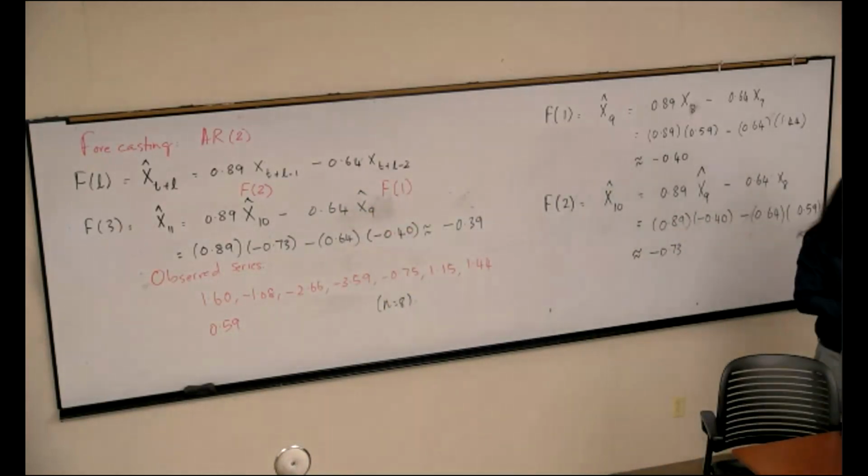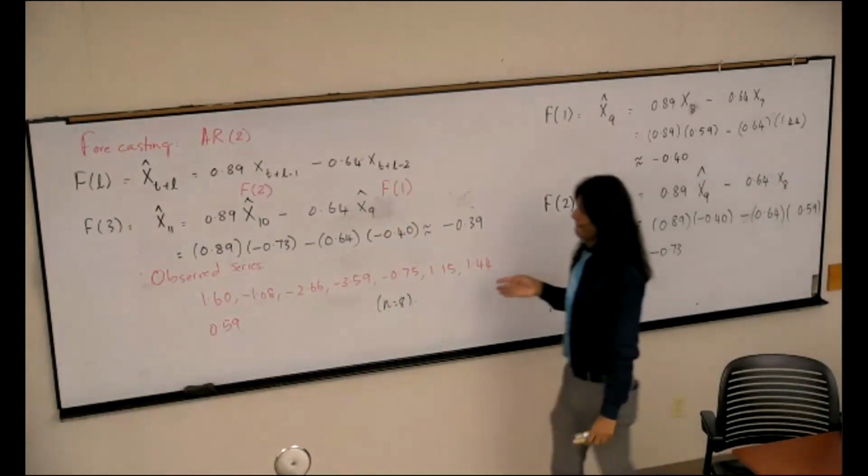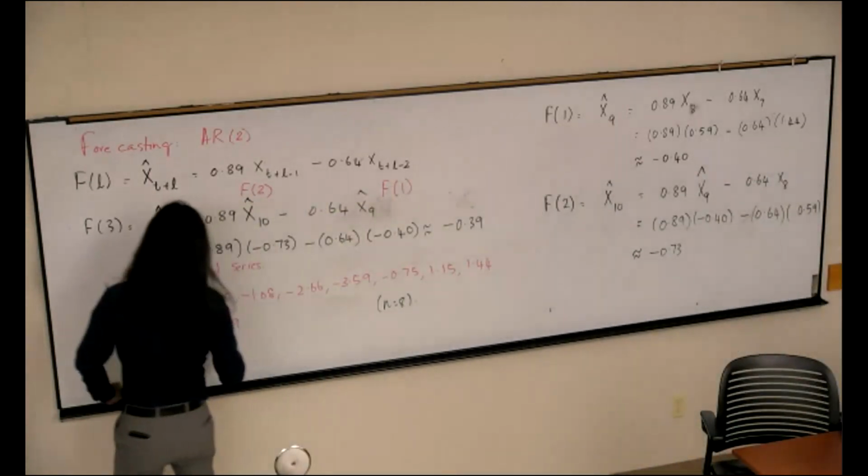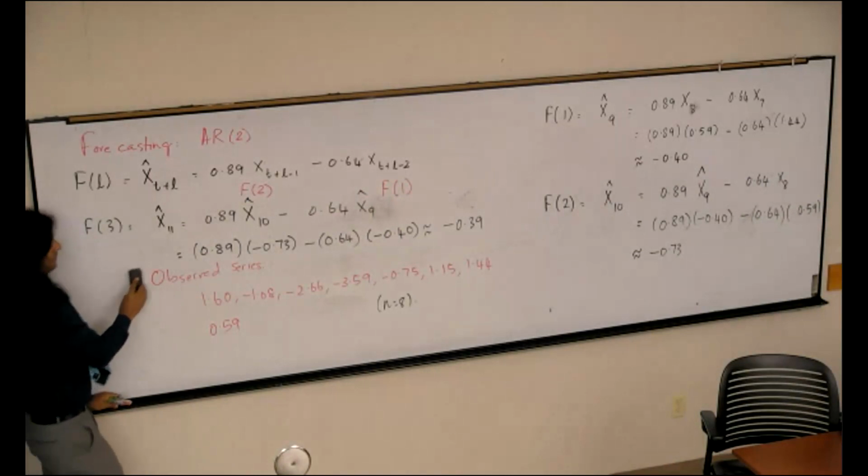If L is 3, then I can write it as 0.9 f squared, like a forward operator.